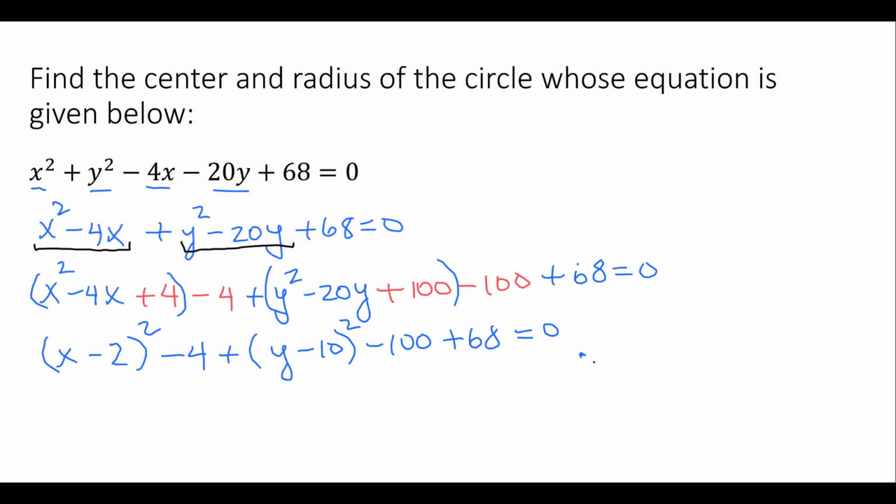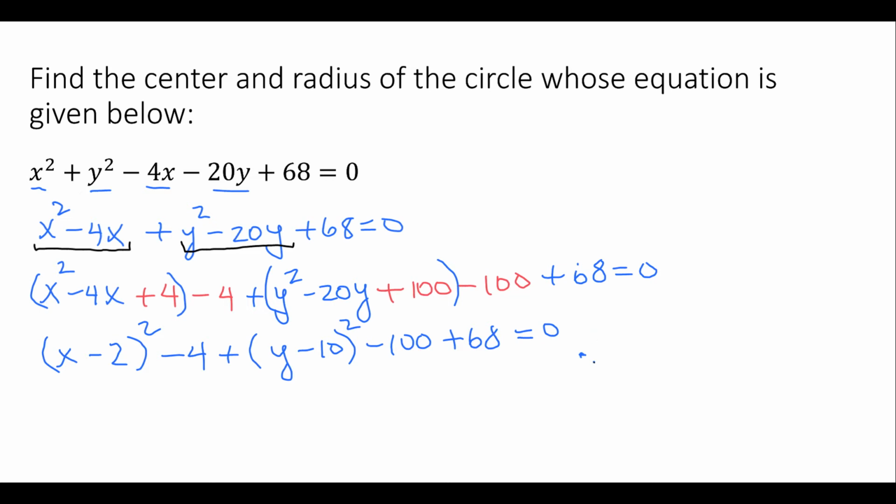Now notice that it's already starting to look like an equation of a circle. So here's my perfect square, here's my second perfect square. All I need is some number on the other side to tell me what the length of the radius is. So we're going to move all these numbers to the right-hand side.